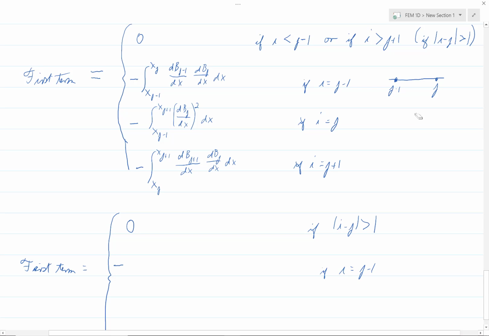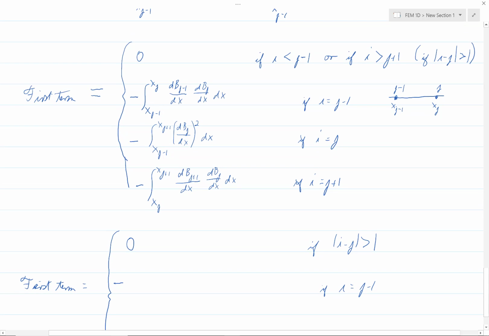Actually, I'll keep with the same agreement: this is node j, and this is node j minus 1. I'll put the node numbers above and the coordinates below. So this is x_{j-1}, and here's x_j. And remember now, b_j looks like this in this region.